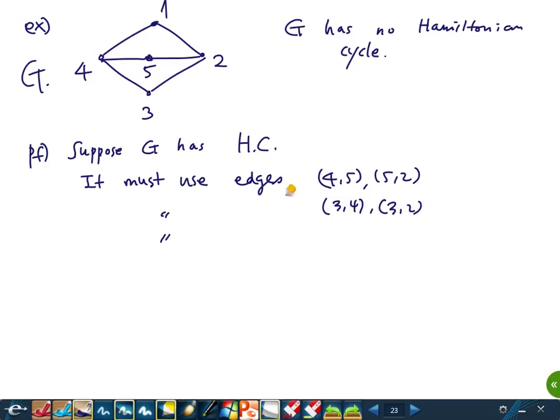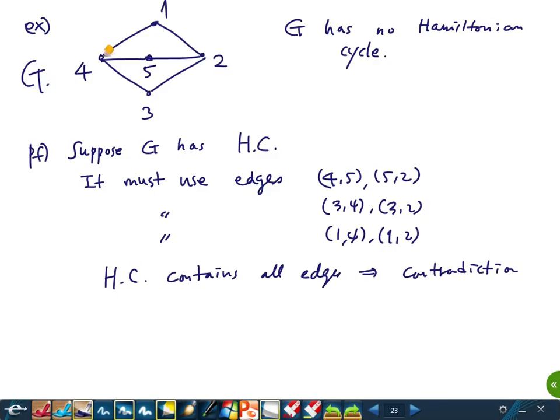And similarly for 1, 4, I'm not considering the order. What does that mean? We have to use all the edges, but it's not a cycle. If you use all of this, it's not a cycle. So the Hamiltonian cycle contains all edges, which is impossible. It's a contradiction.